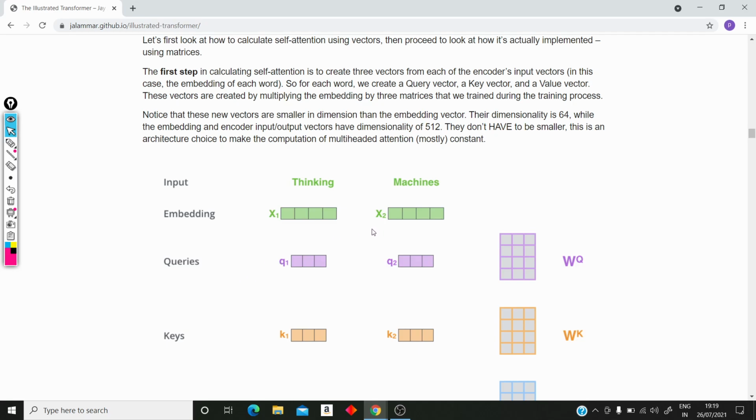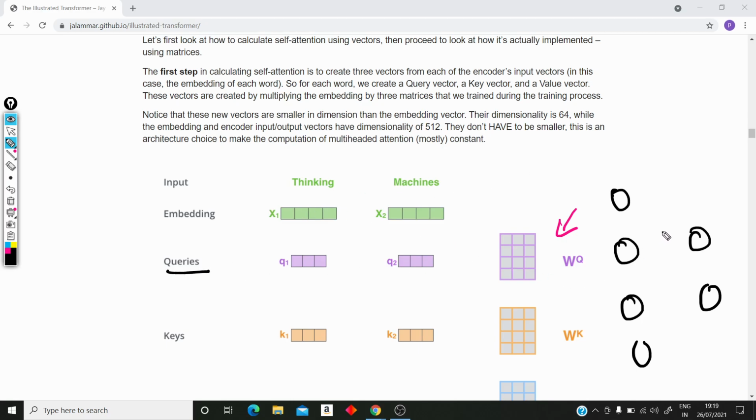Now what we are doing is multiplying all the input vectors. You can see here that we are multiplying this x1 with some matrix. And now you might ask, what is this matrix? So let me explain what these matrices are. These matrices are nothing but a neural network, because these are the weights, W, and WQ means query.